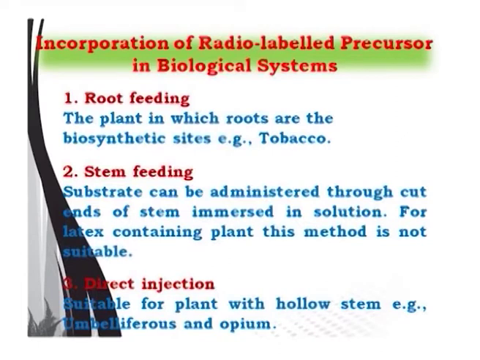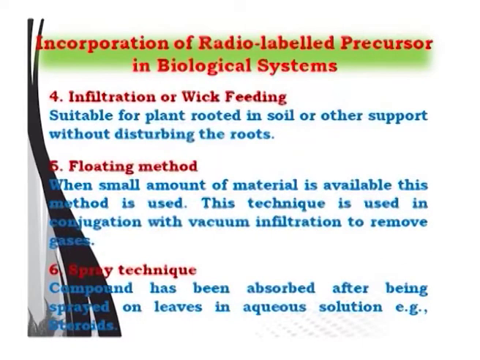This is suitable for plants with hollow stems like umbelliferous fruits and opium. Infiltration or wick feeding. Suitable for plants rooted in soil or other supports without disturbing the roots.